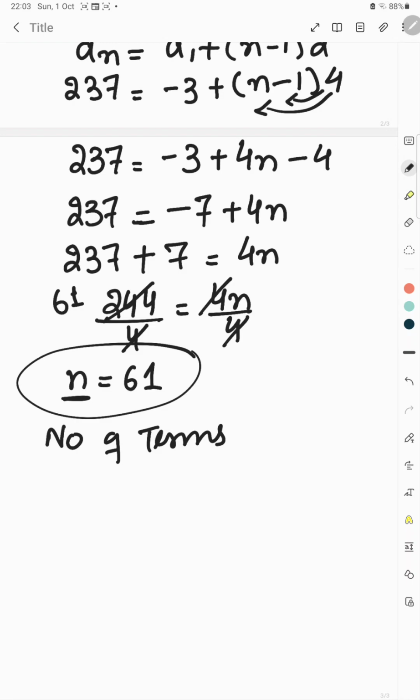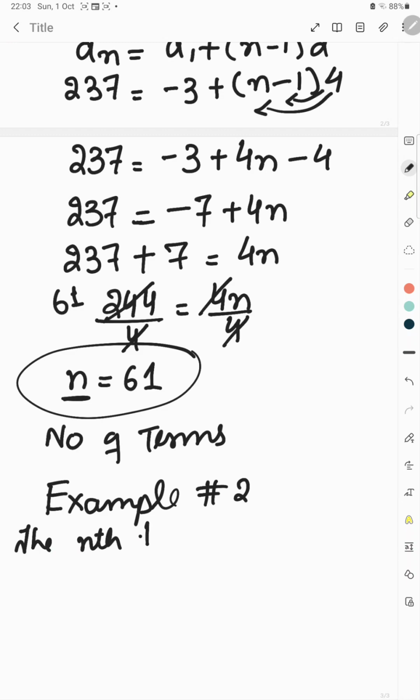Now I will solve example number 2 for you, which is: the nth term of an arithmetic progression is 5 minus 6n.